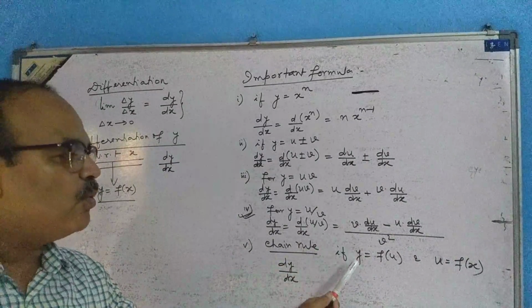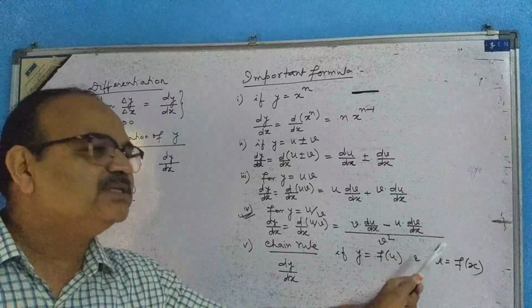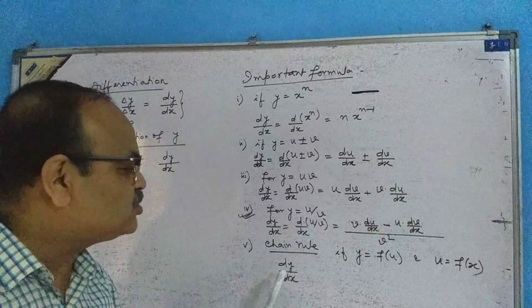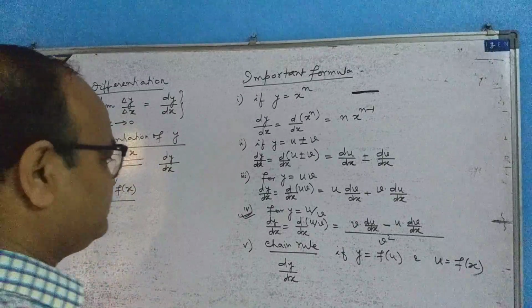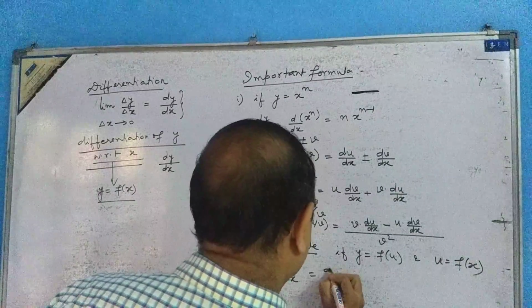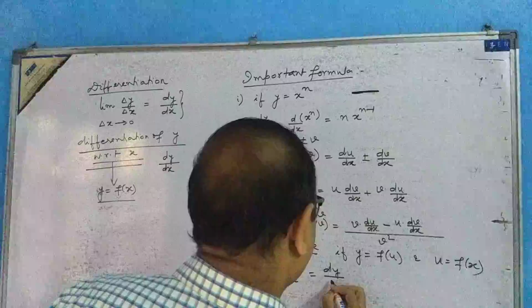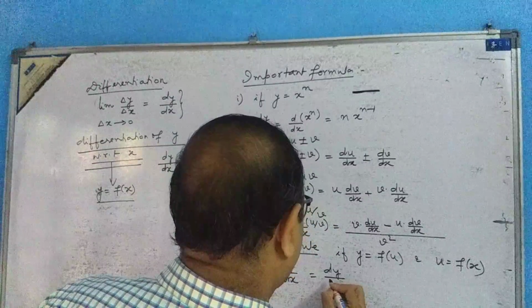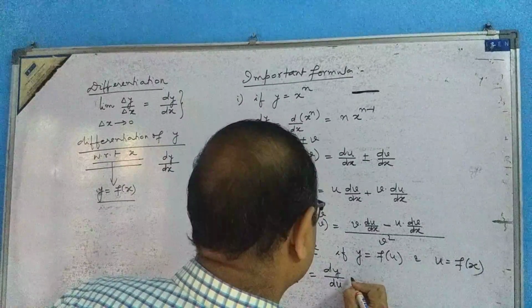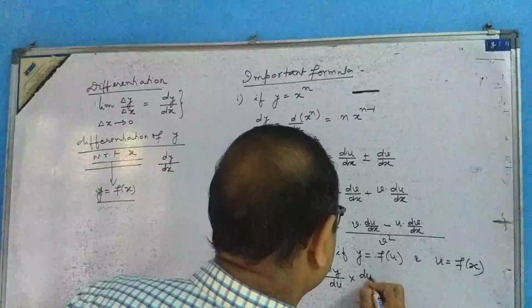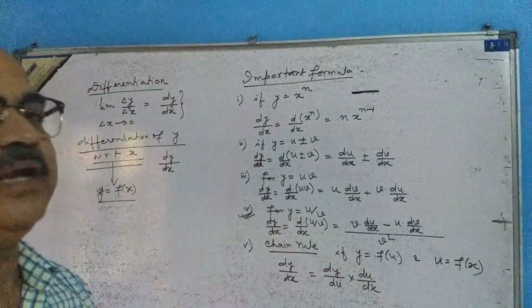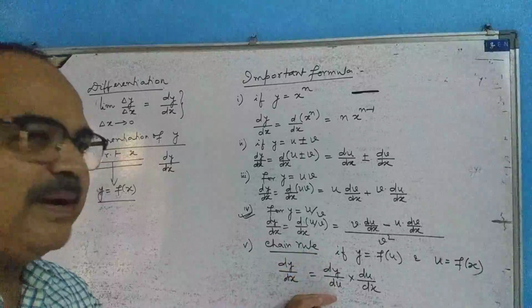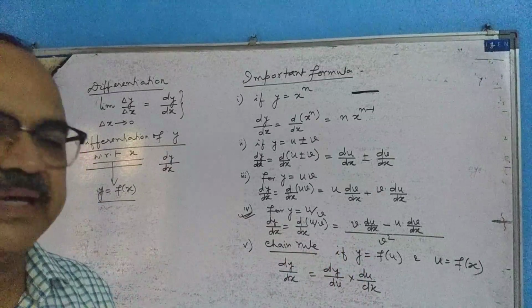I am saying y is a function of u and u is a function of x, and you are asked to differentiate y with respect to x. Then what will you do? Then what shall we do? dy by du into du by dx. I will write it like this. This is the chain: dy by du into du by dx.